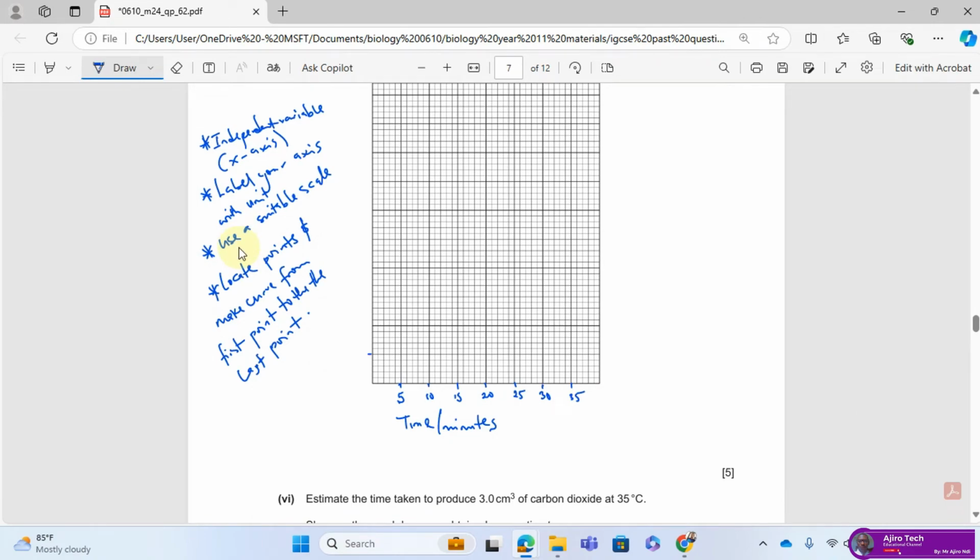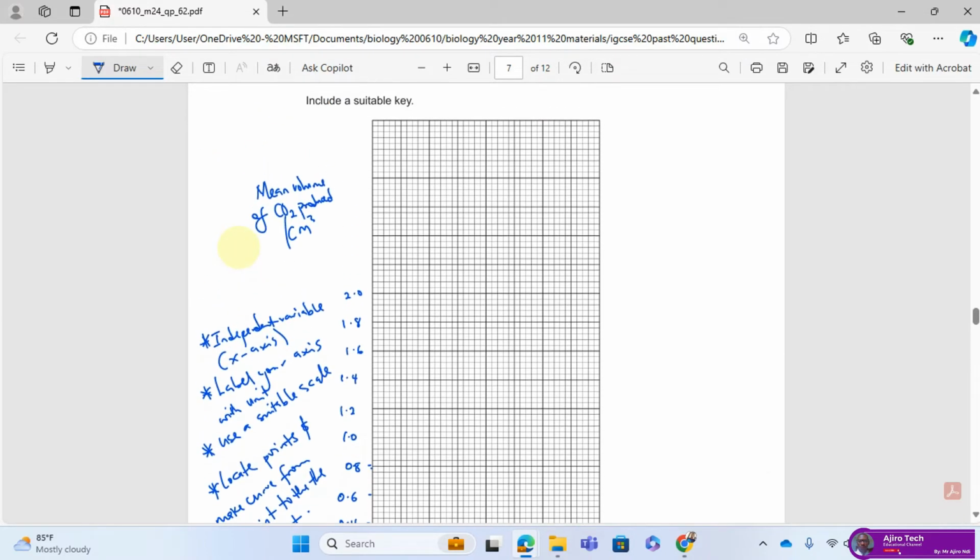Since we are going to 3.2, we can do 0.2, 0.4, 0.6, 0.8, 1.0, 1.2, 1.4, 1.6, 1.8, 2.0, and then all the way to 2.2, 2.4, 2.6, 2.8, 3.0, and 3.2.